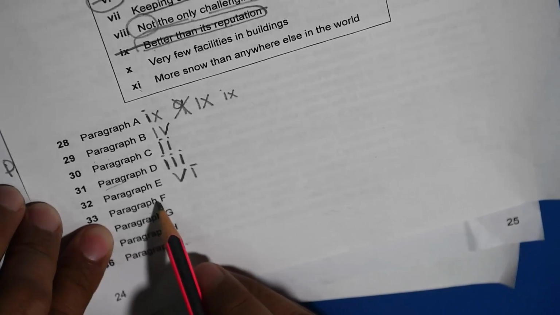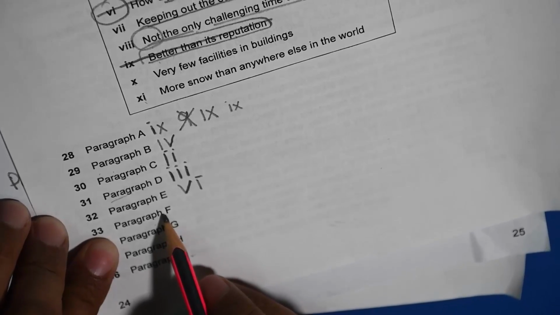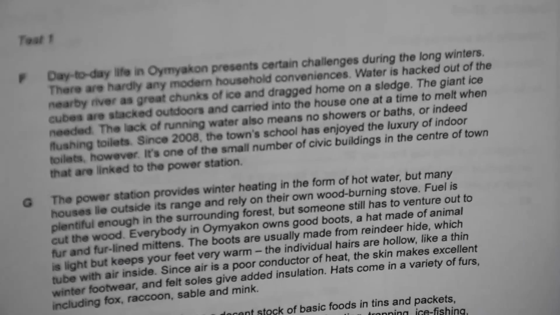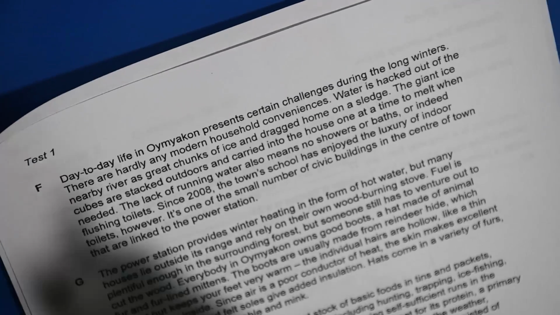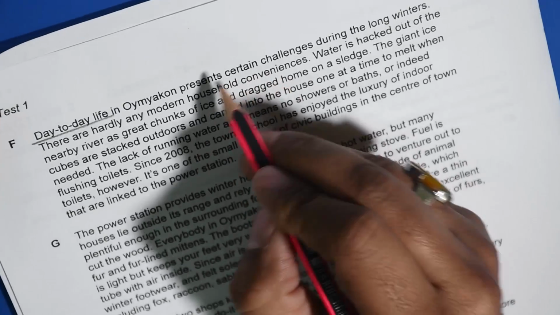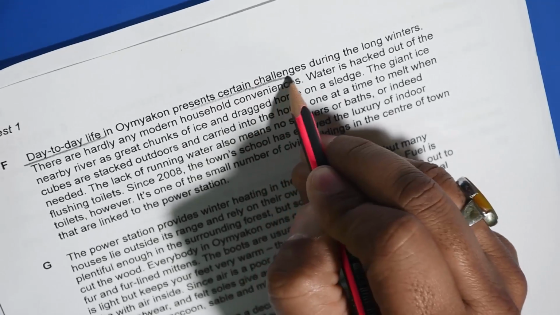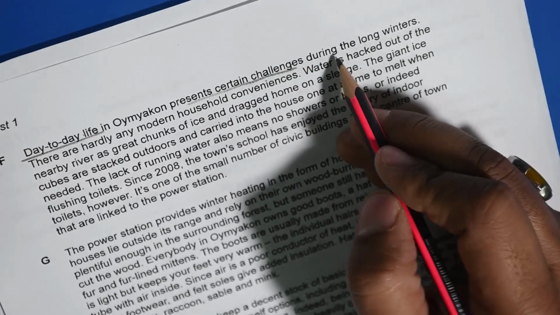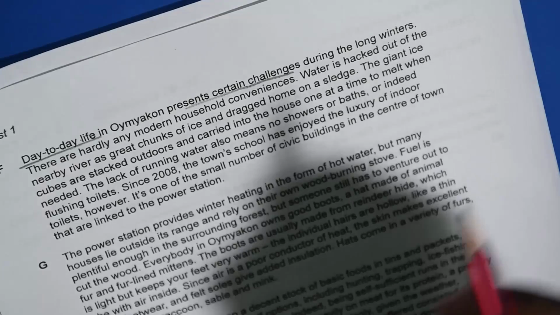Next is paragraph F, and we are going to see which heading is appropriate for paragraph F. Now they say day-to-day life in Oymyakon presents certain challenges. This is the topic sentence, but we have to see what they are going to talk about.